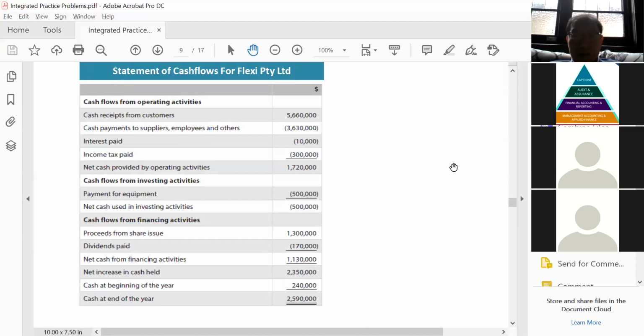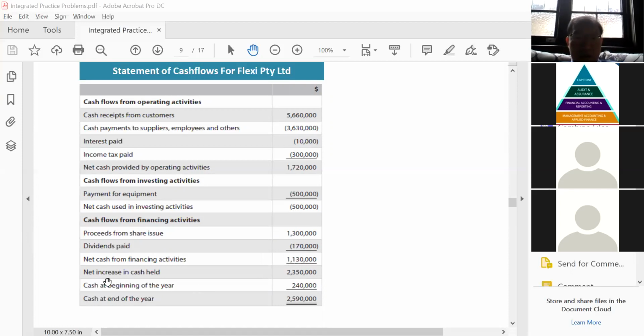Now, with a cash flow problem, what is quite nice is that we know if we're ultimately on the right track or not, because the cash flow statement is ultimately going to give us the net amount of any cash increase or decrease.